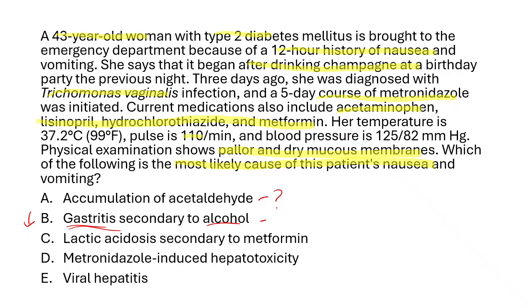Lactic acidosis secondary to metformin. Okay, so she's on metformin. What I remember about this is people get lactic acidosis if they have kidney failure or really poor renal function on metformin. And they didn't give us anything here that would give us a clue that she has poor renal function for some reason.